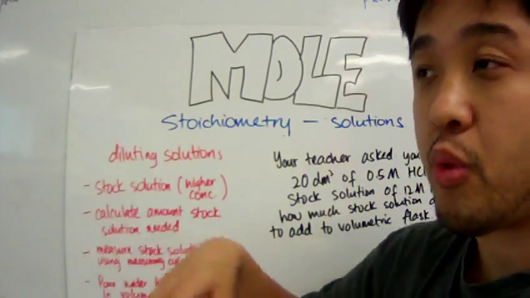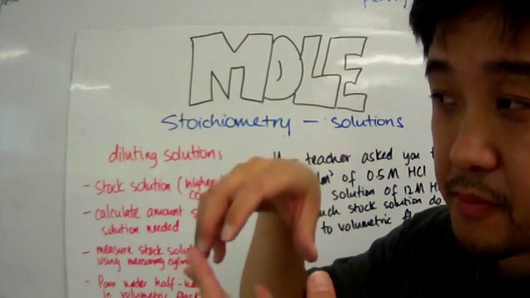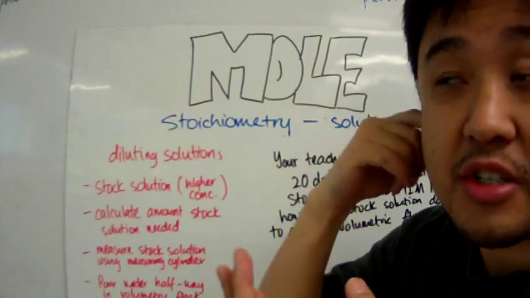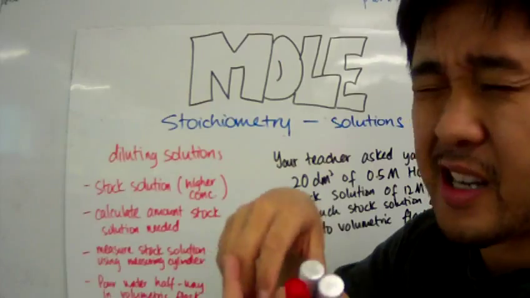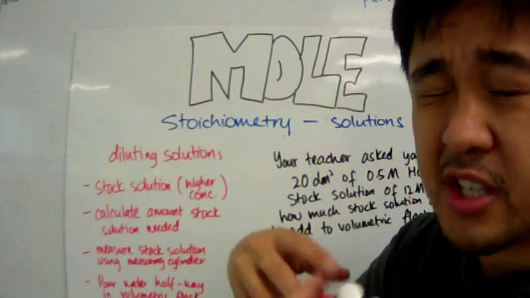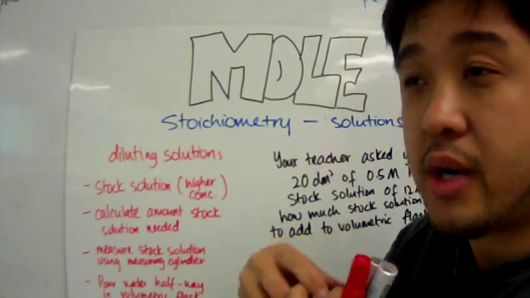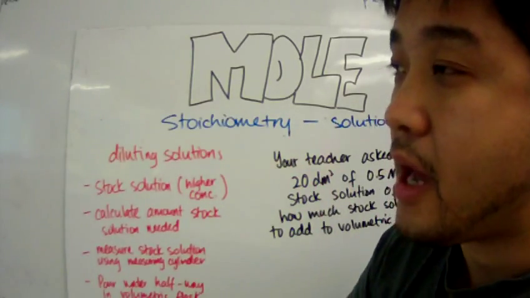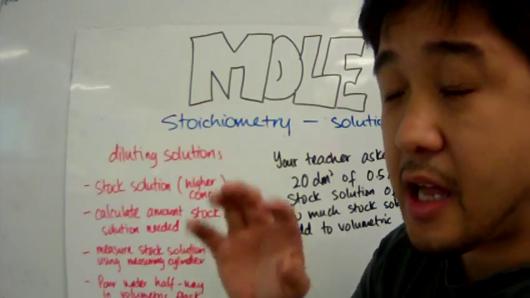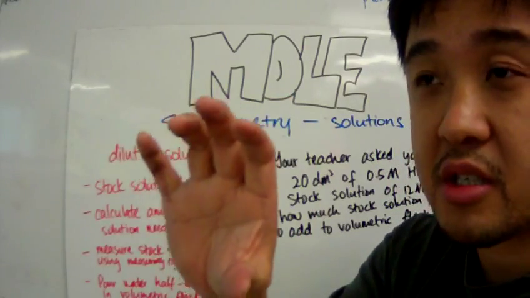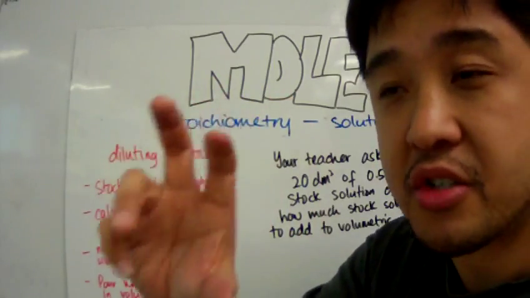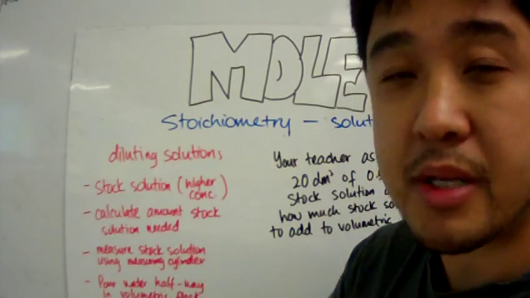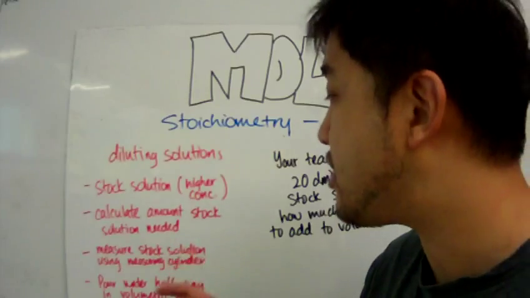In the lab, when we buy chemicals, especially chemicals that are in a liquid form or dissolved in water, for example acids or alkalis, they usually come in concentrated solutions, like 12 moles per cubic decimeter, or molarity.